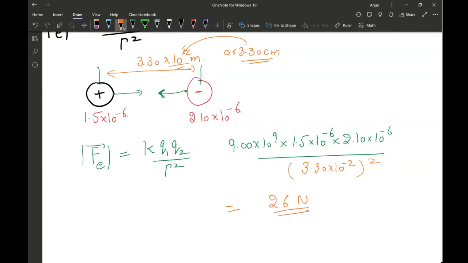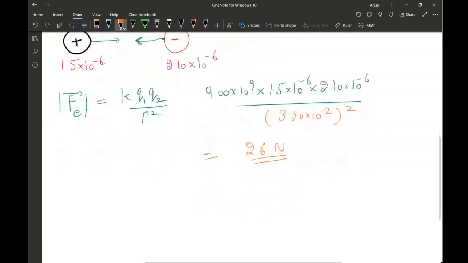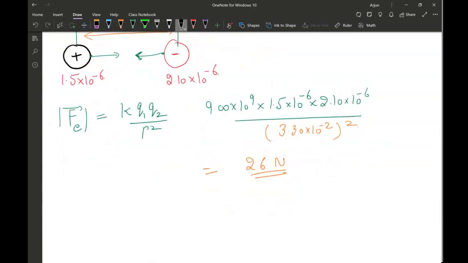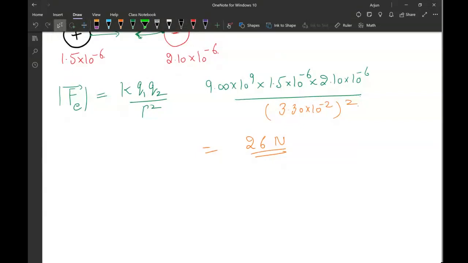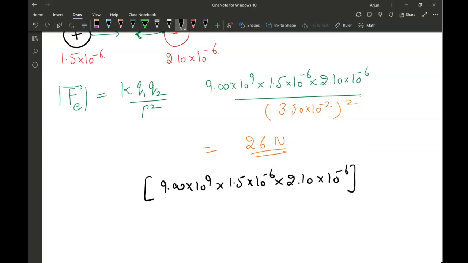Now, the calculation can sometimes be a bit of a problem while solving these kinds of questions. What you need to do is start with a bracket and then place 9.00 times 10 raised to the power 9, multiply by 1.5 times 10 raised to the power negative 6, multiply by 2.10 times 10 raised to the power negative 6, and close this bracket.